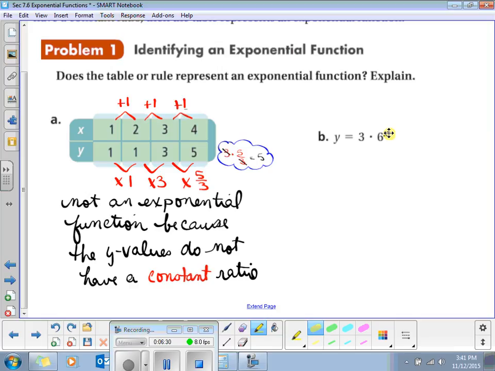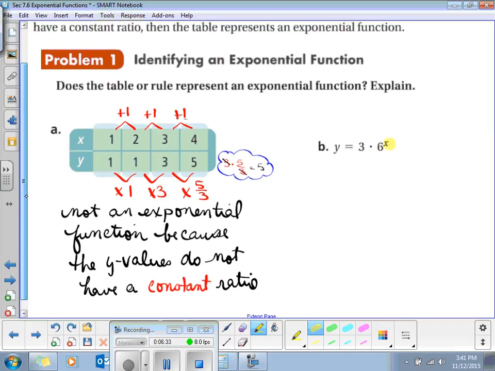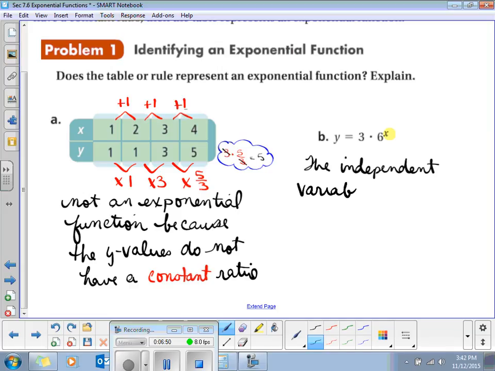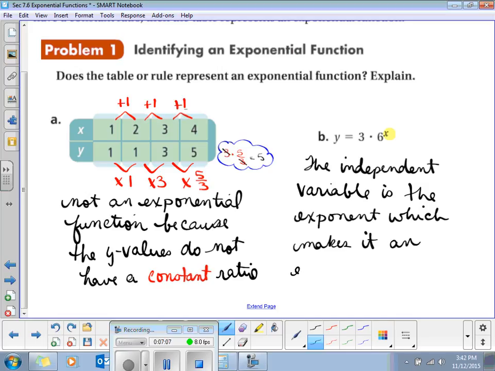So your x, your independent variable, is your exponent, which makes it an exponential function. Okay, very good. And that's what we'll write: the independent variable is the exponent, which makes it an exponential function.